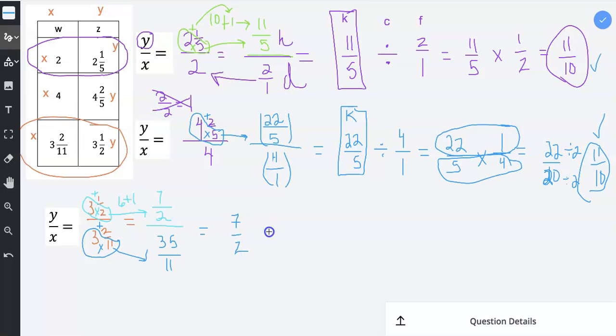So 7/2 divided by 35/11. So it's numerator divided by the denominator. The first fraction is locked in. You keep that as 7/2. So I just copy that, 7/2. This is where the changes occur. So I change the division to multiplication, and I record the reciprocal of 35/11, which is 11/35.